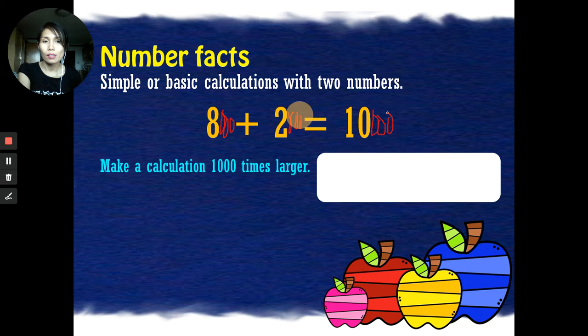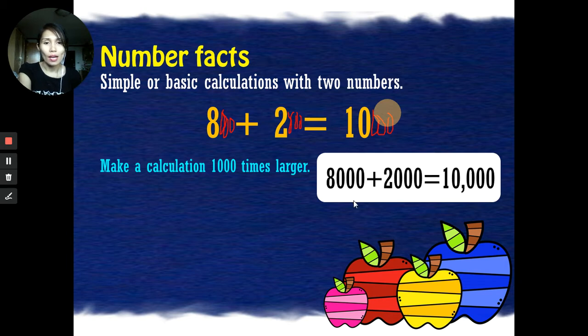Actually, without writing, we can just solve this mentally. Okay, so if we calculate this, 8 plus 2 equals 10, 1,000 times greater. So you just imagine 10 and then add 3 zeros, then that's 10,000. Yeah, so let's try. Yeah, it's 8,000 plus 2,000 equals 10,000.